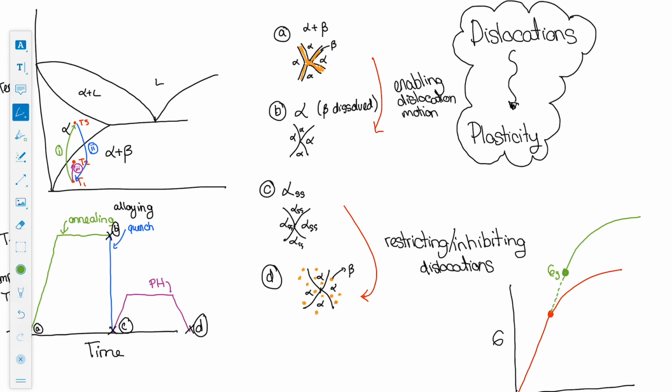In contrast, the changes that occur from annealing actually allow plastic deformation to occur earlier on, and sometimes we might see a change in the modulus as well, so something like that.